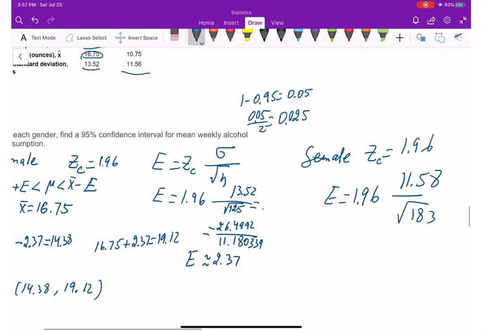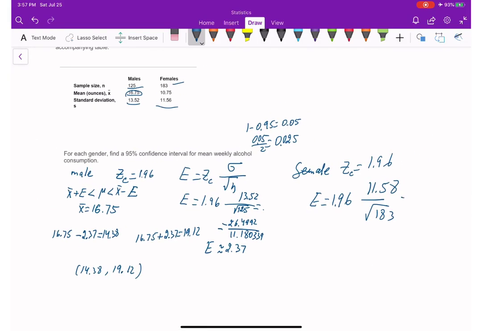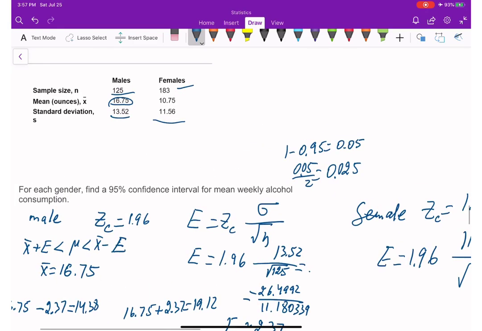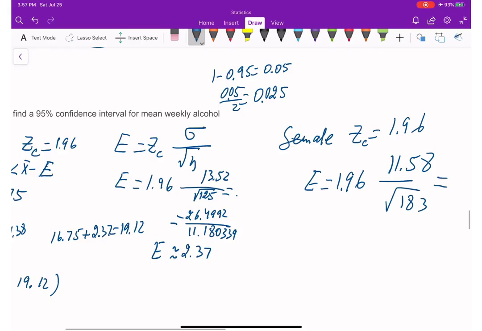Okay? So whatever number you get here, again, what you are doing, you take X bar, which is X bar here, 10.75 for females, 10.75 minus margin of error, and then 10.75 plus margin of error.